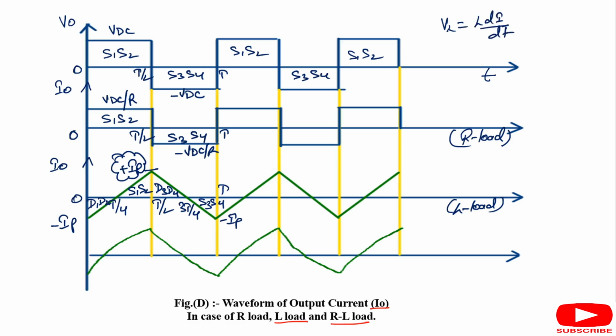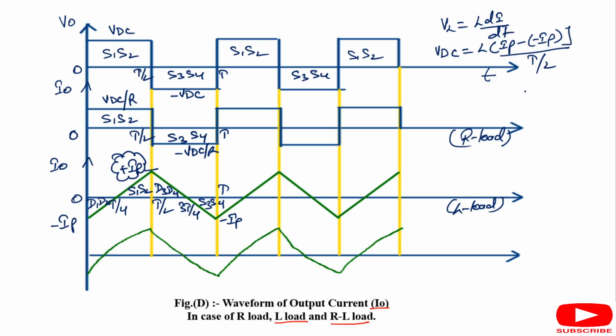Here VL is the output voltage which is appearing across the inductive load, and it is VDC. For time period 0 to T by 2, the current changes from minus peak current to positive peak current in a time of T by 2.